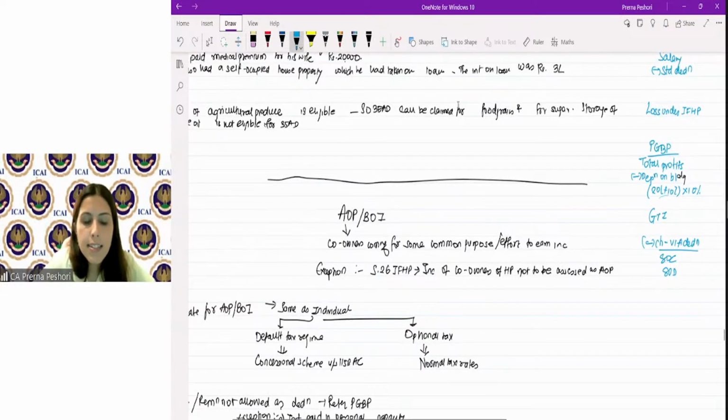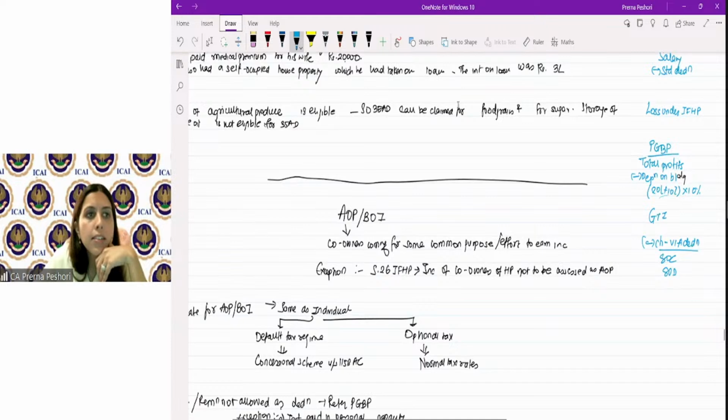What will be the tax rate? Slab rate, I understand, Geeta, but under which section? Yes, students.